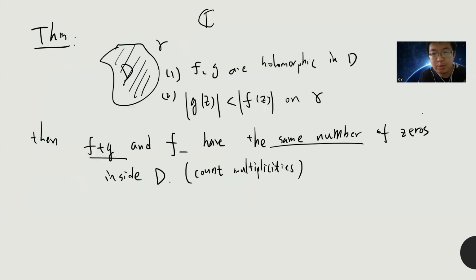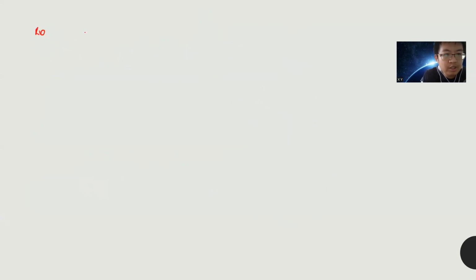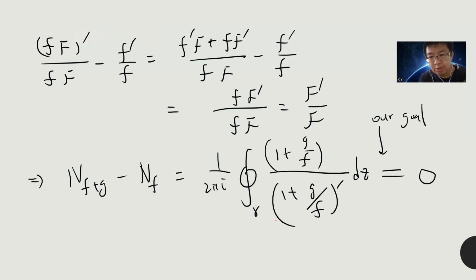It's very simple. The condition that we haven't used yet is |f| greater than |g| on gamma. Notice this tells you that f cannot be 0, which means g divided by f is well defined on gamma. So this integral is well defined, because the function is holomorphic.